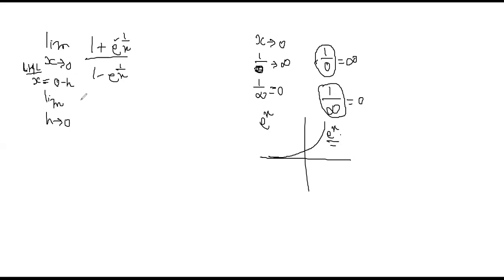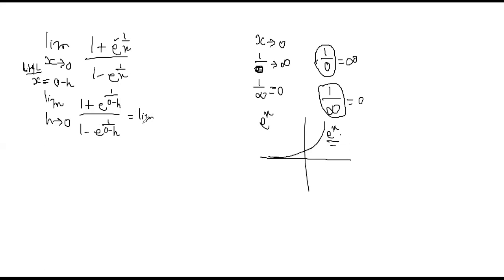Now, 1 plus e raised to power 1 upon 0 minus h, divided by 1 minus e raised to power 1 upon 0 minus h. Got it?